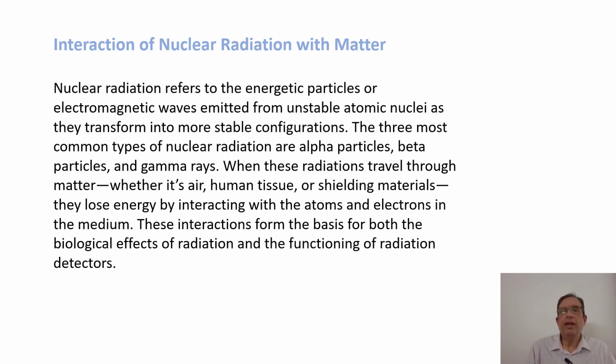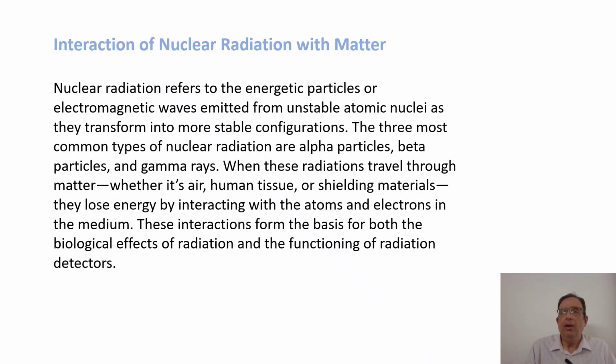And this type of radiation, either alpha particle or beta particle or gamma rays, when they enter a certain medium like air or human tissue or some material in some detector, they lose energy while moving through that medium. And this happens because of the interaction of the radiation with the atoms and the electrons of the medium. This interaction is the basis for both the biological effects of radiation and the functioning of nuclear radiation detectors.